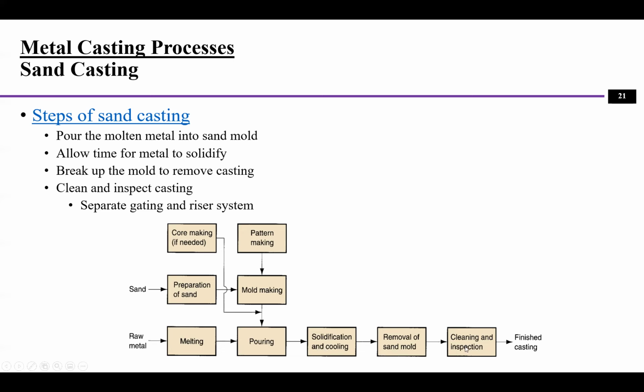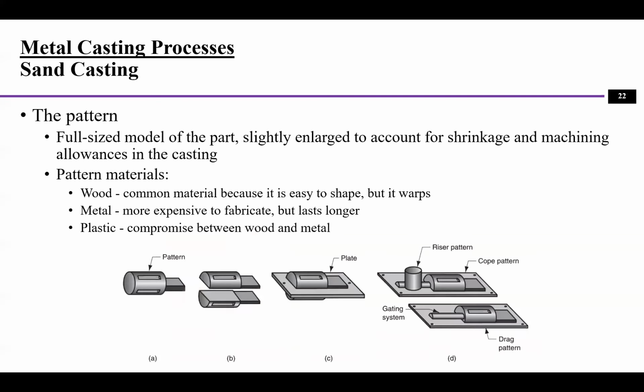There may be some post-process cleaning involved, because sand casting typically does not have a very fine surface finish. Sometimes there may be some other surface finishing processes following that.